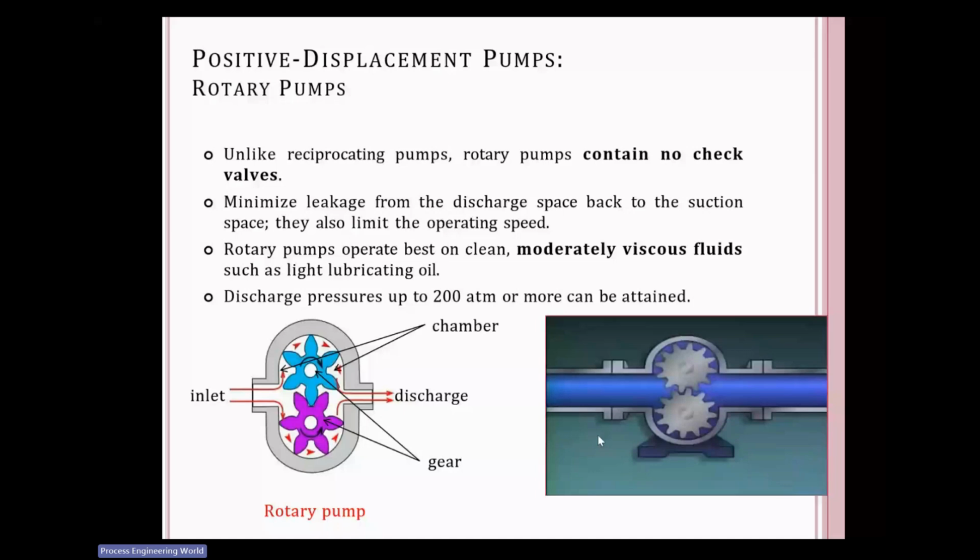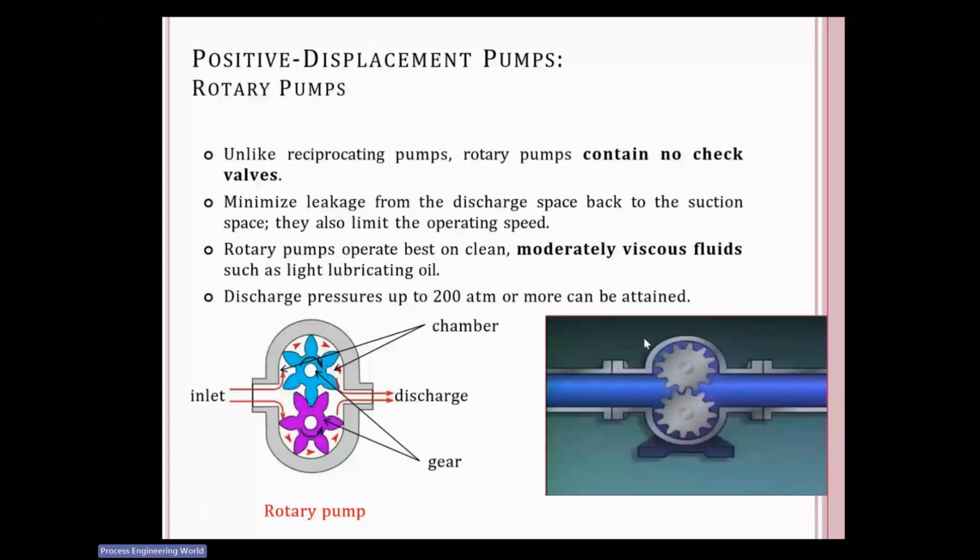So they designed the pipelines of the discharge side for 220 atmospheric, and the pump casing or chambers with 220 atmospheric, but that rotary pump gave them a discharge pressure of around 325 atmospheric.